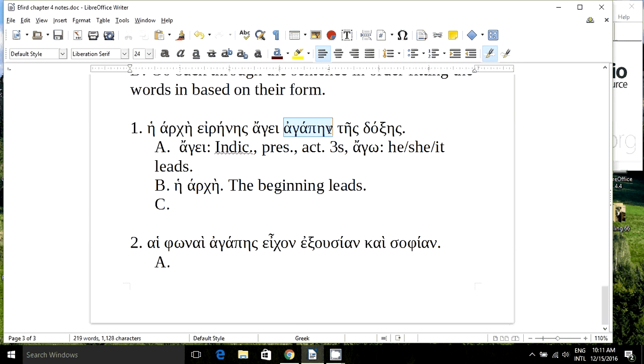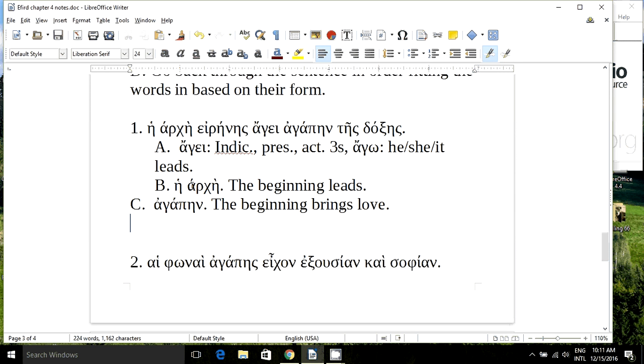So I copy that down. Now I add it. The beginning leads love. I'm going to have to finesse one of my vocabulary words, right? So I go back and I look up ago and I say it can be lead or brings. And obviously that makes more sense now. The beginning brings love. So there's the skeleton of my sentence.